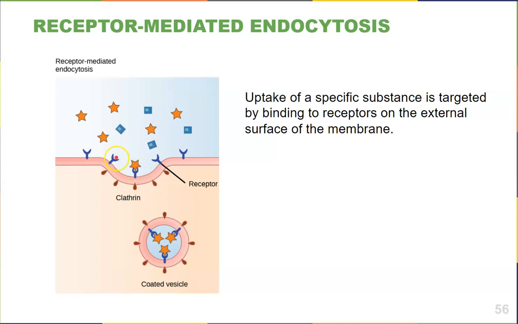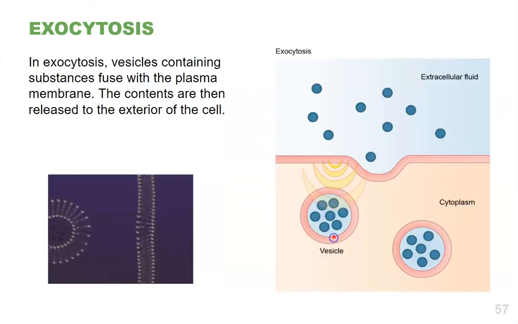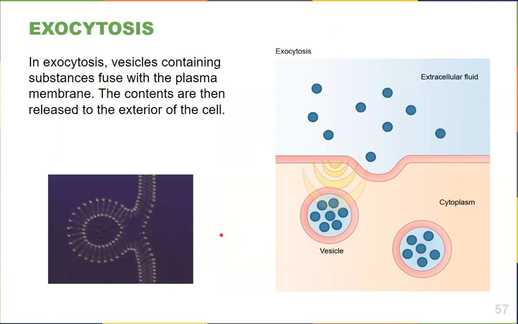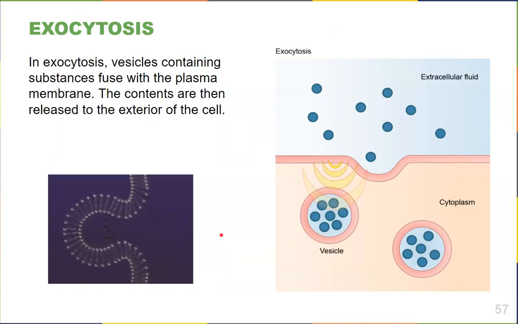And once those things are recognized by those receptors, or they attach to those receptors, then the cell releases these things called clathrin, and it creates a vesicle, and it's a very intensive process, which you can learn more about in the textbook, but we won't cover all the steps here. Just know that receptor-mediated endocytosis uses receptors, so it's a little bit more specialized. So those were endocytosis. There's 3 different types of endocytosis.